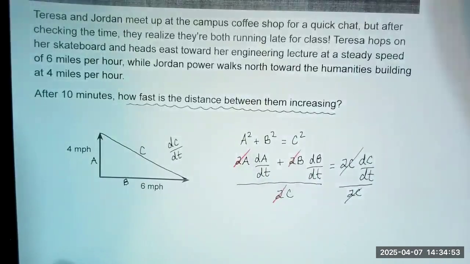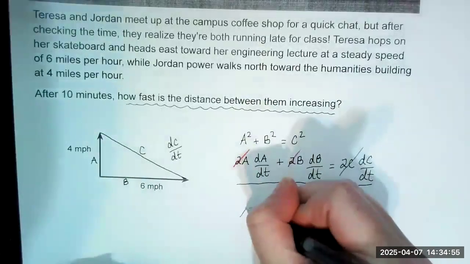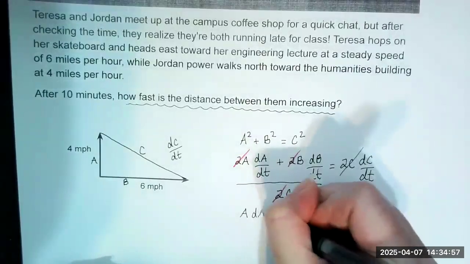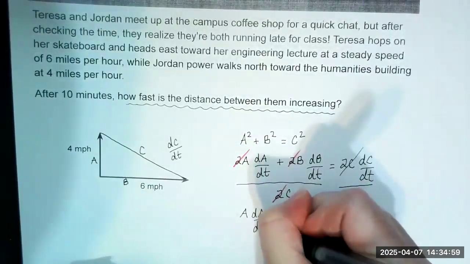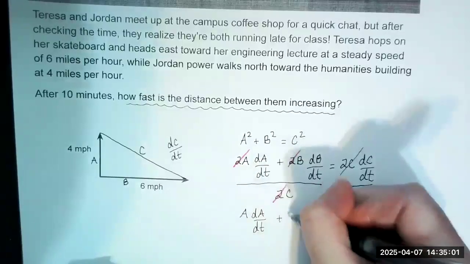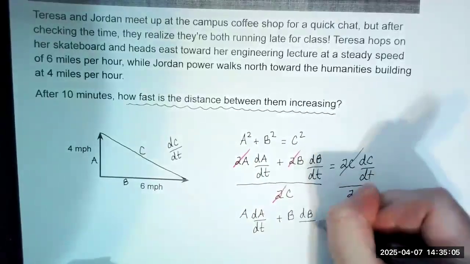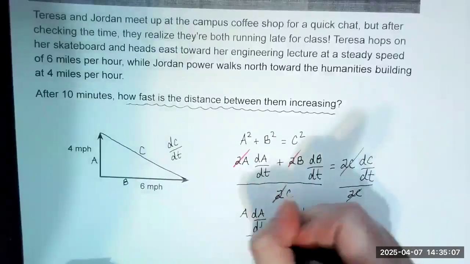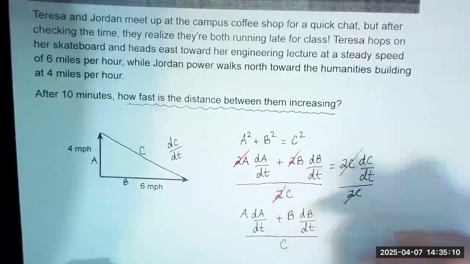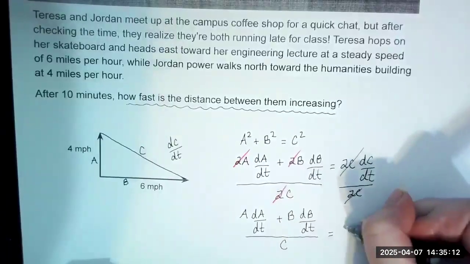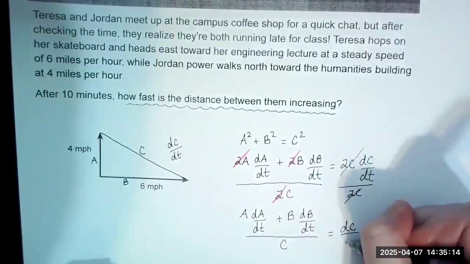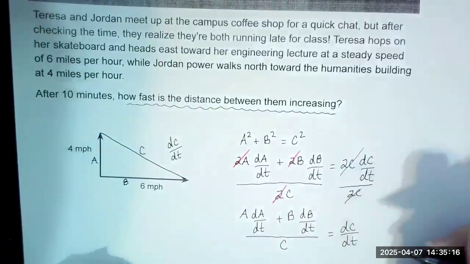And what we're going to get left with is a times dA/dt plus b times dB/dt, all divided by our hypotenuse c, will give us the value dc/dt, the rate that we are looking for.